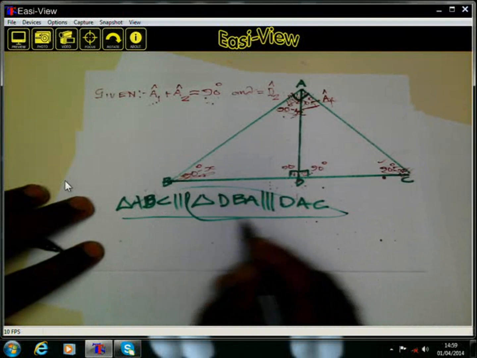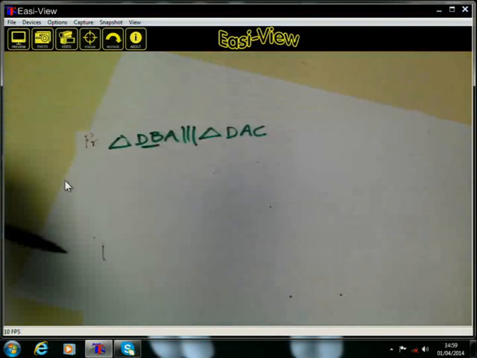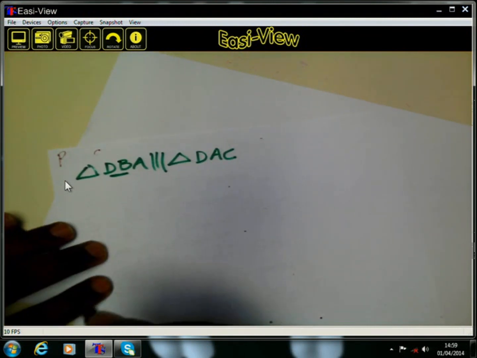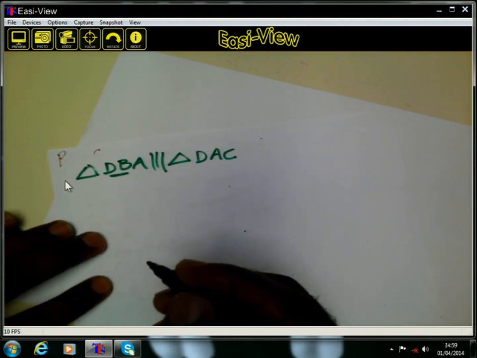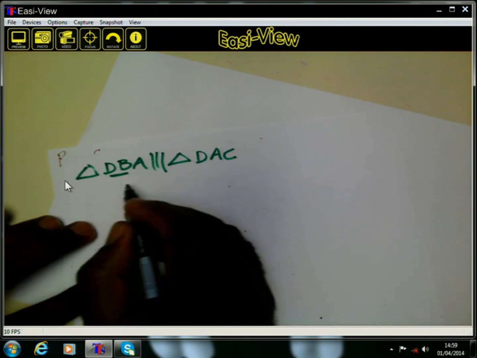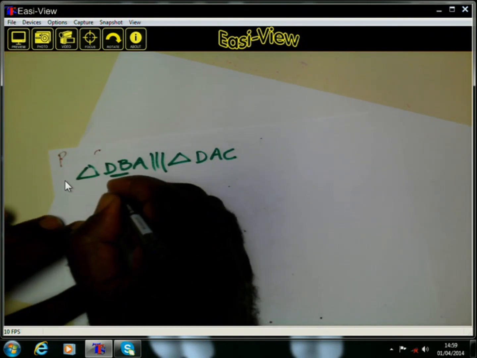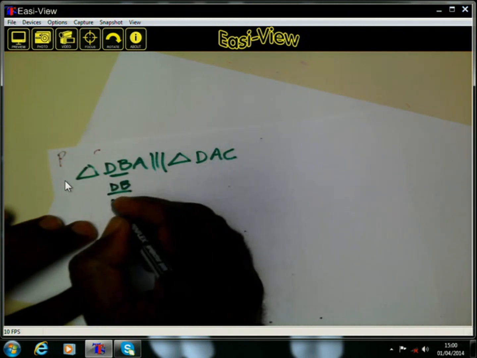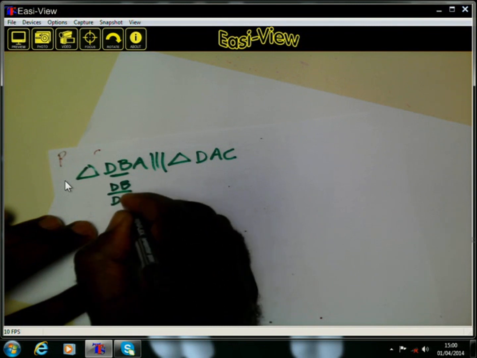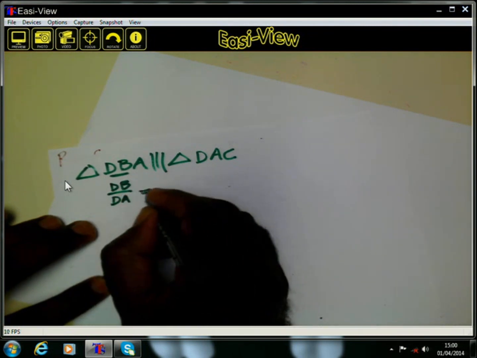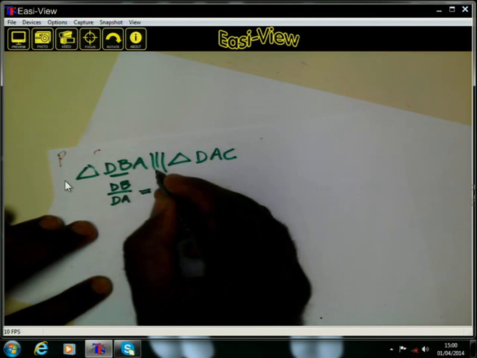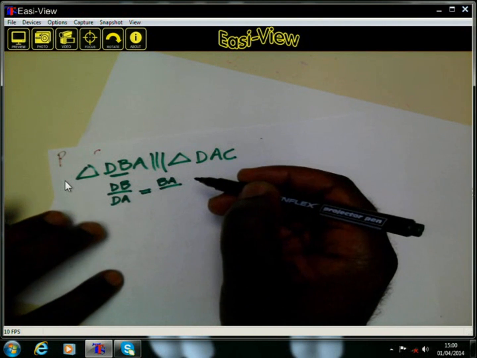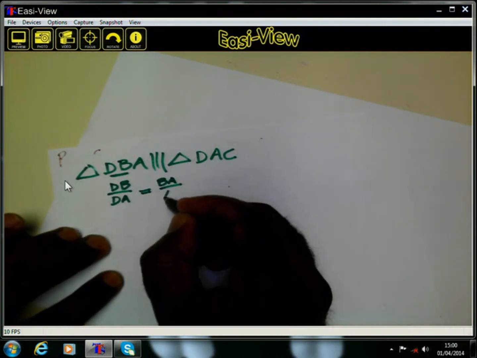Now I'm looking at this. If that is the case, then we can conclude that DB over, from that triangle, DA or AD, must be equal to BA over AC, from that triangle, DC.